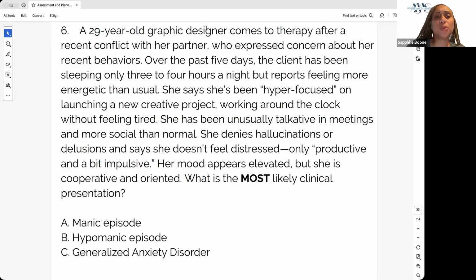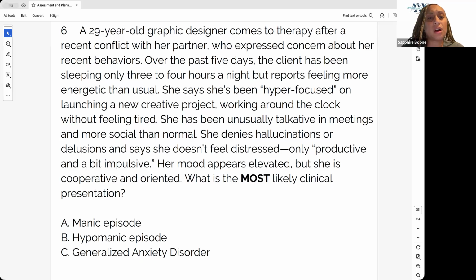A 20-year-old graphic designer comes to therapy after a recent conflict with her partner who expressed concern about her recent behaviors. Over the past 5 days, the client has been sleeping only 3 to 4 hours a night, but reports feeling more energetic than usual. She says she's been hyper-focused on launching a new creative project, working around the clock without feeling tired.